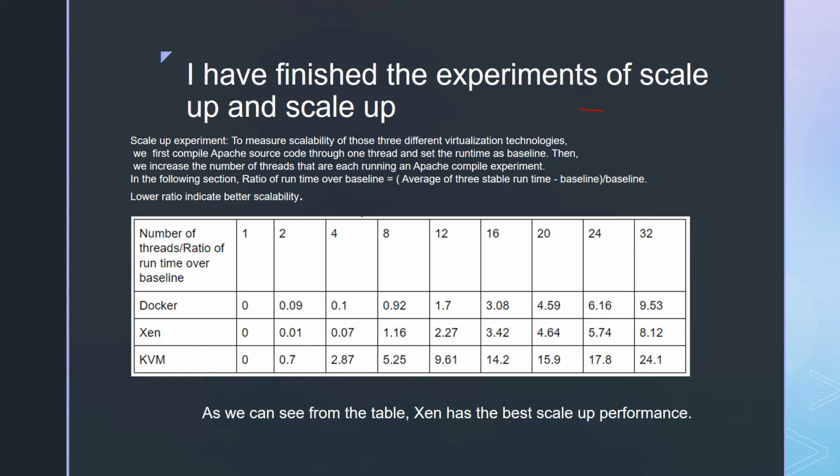But compared with that, Docker depends too much on the host kernel. So when one container runs too many threads, it has to communicate with the kernel too frequently, which also costs time.